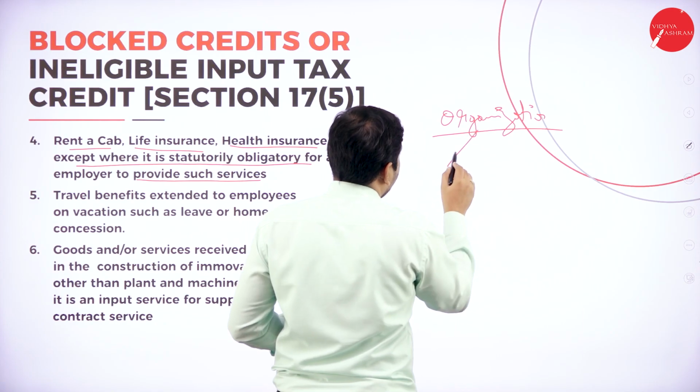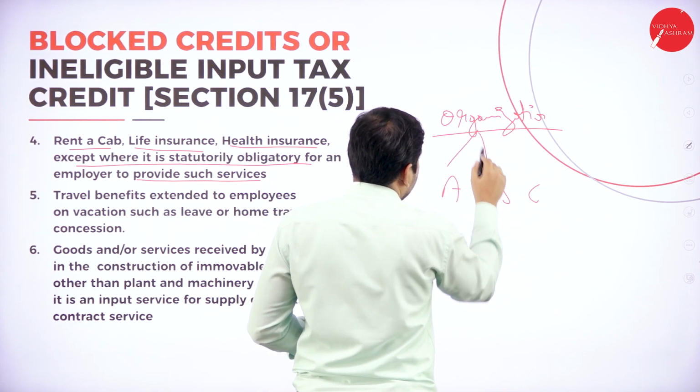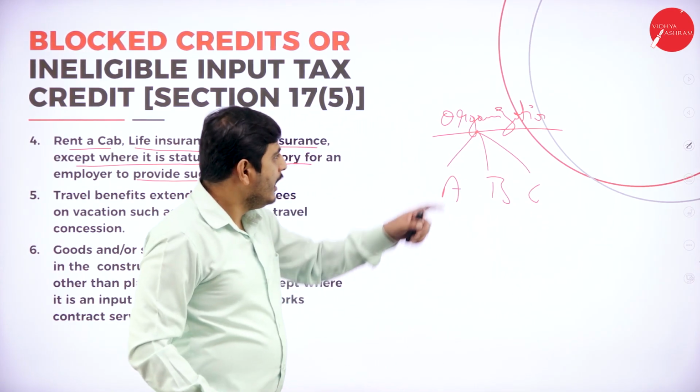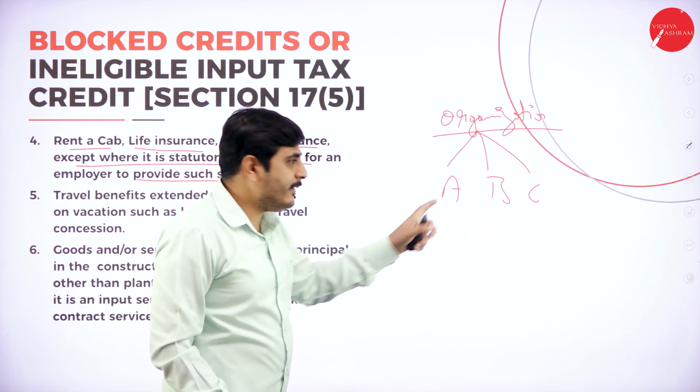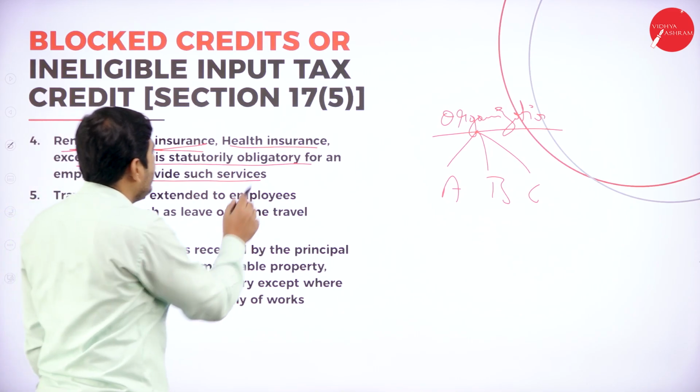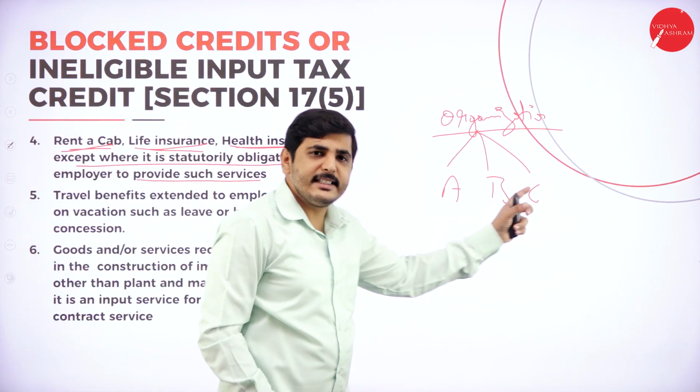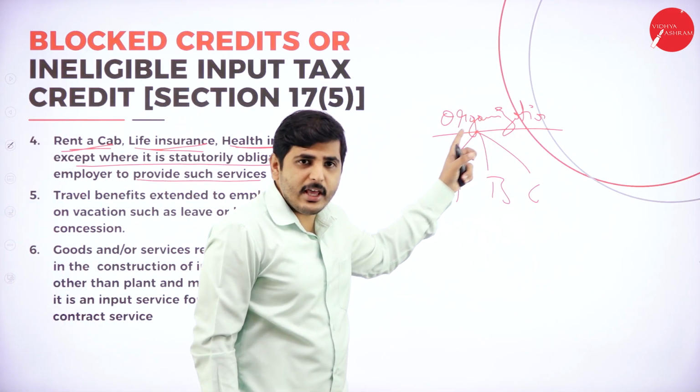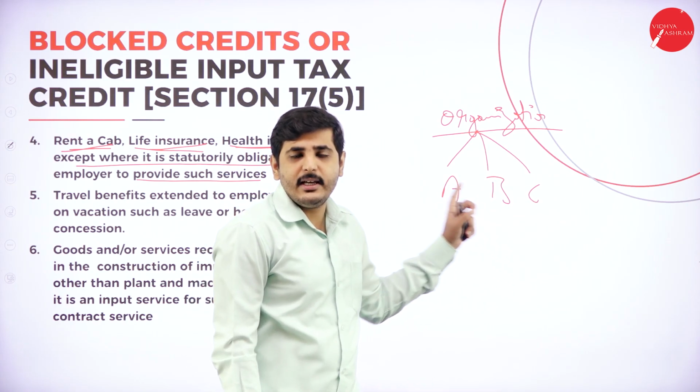He has A, B, C, three employees. This organization is providing health insurance service or rent a cab service, insurance service to its employees. He is an employer providing this service to the employees.